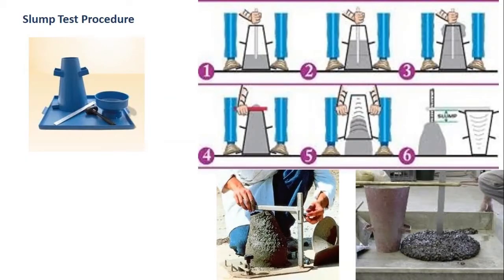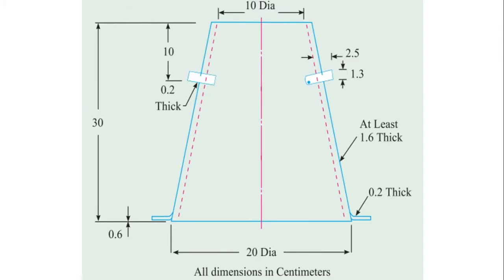This figure explains the complete procedure of the slump cone test. This is the slump cone, one of the equipment, and it is important to know the dimensions. It is like a cone: top 10 centimeter, bottom 20 centimeter, and total height 30 centimeter.